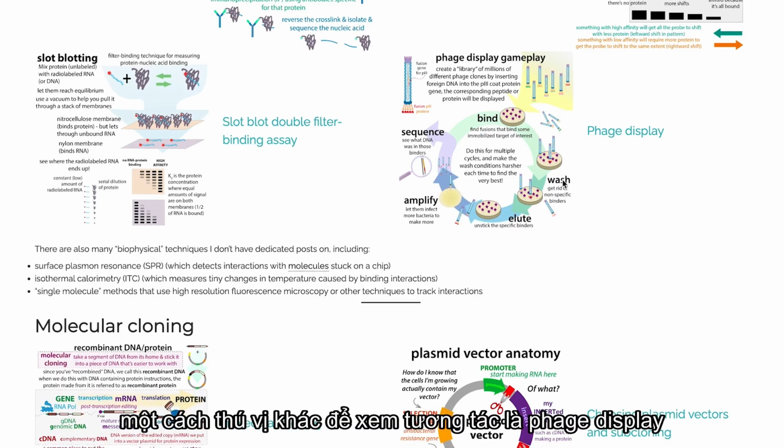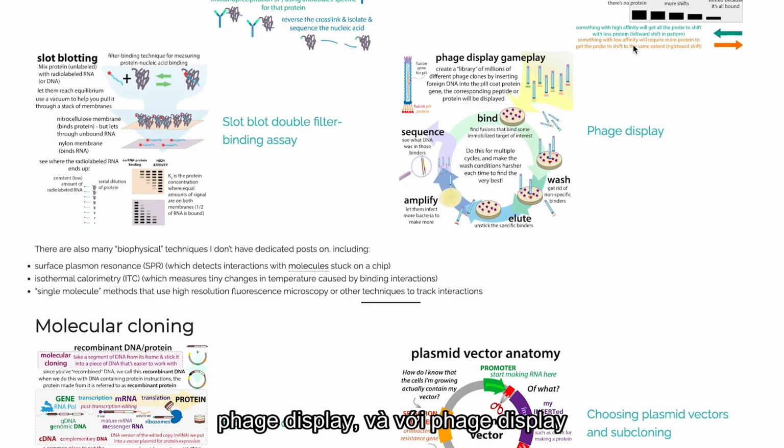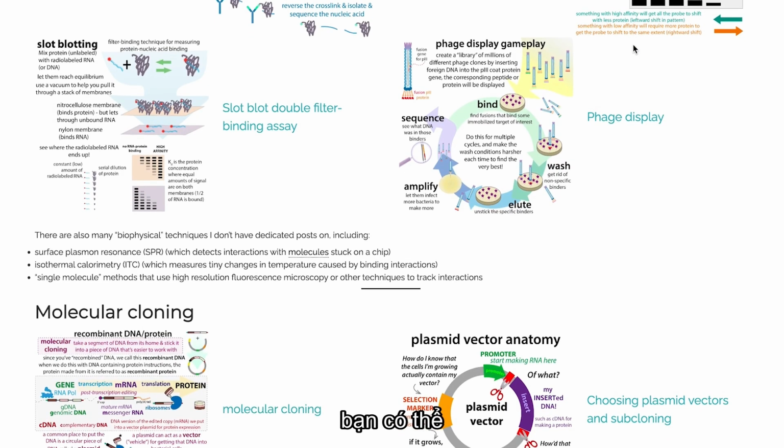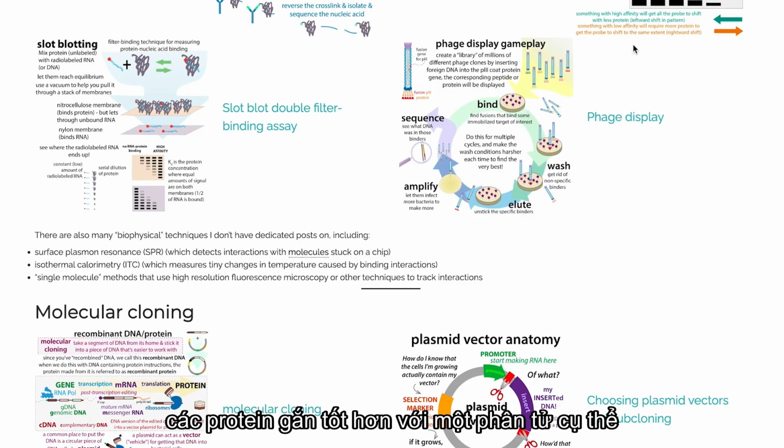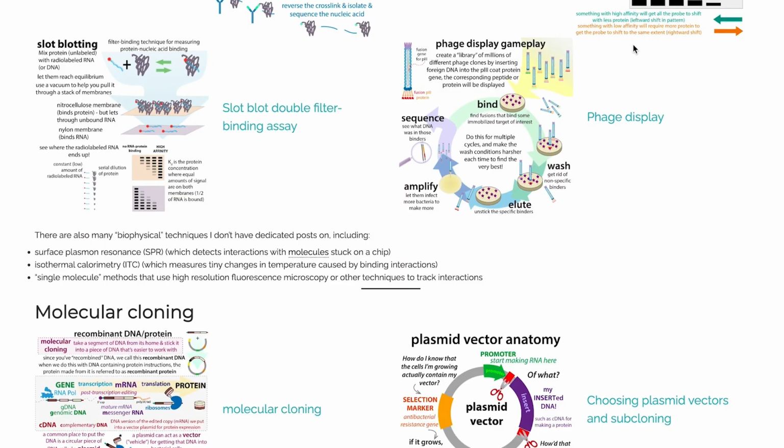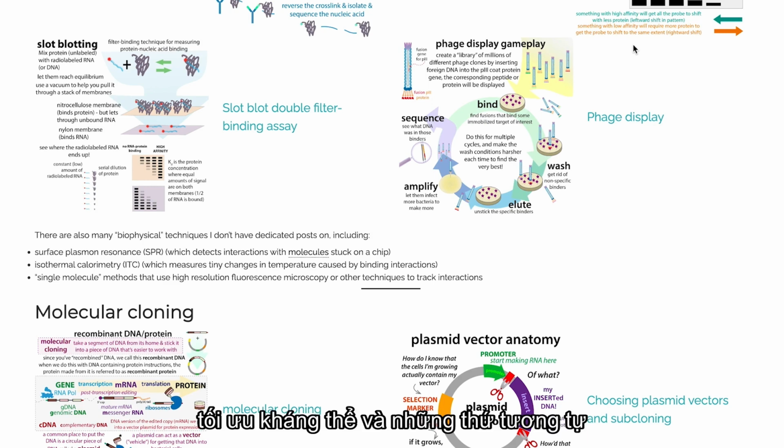Another cool way to look at interactions is phage display. With phage display, you're able to evolve sequences, like proteins, that are going to bind better to a specific molecule. This is commonly used to make or find antibodies and things like this.